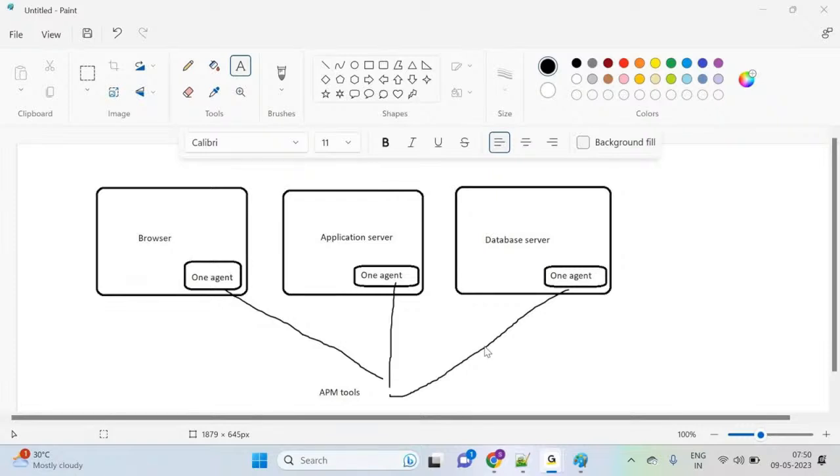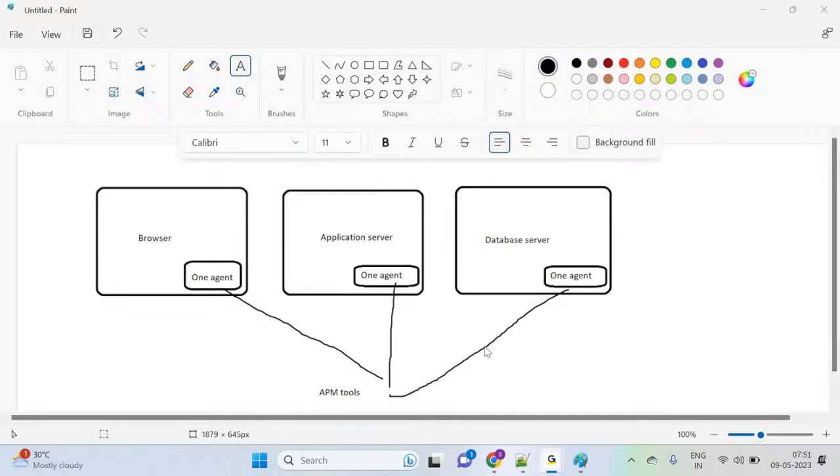Why should I recruit one person for infrastructure monitoring, one for database monitoring, one for application profiling? I don't want to spend my investment on the same activity. What is your activity? Root cause analysis. For the same root cause analysis, why should I invest in different tools? And I cannot find a single person with multiple skill sets, right?